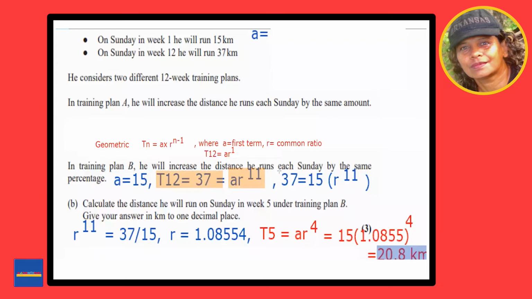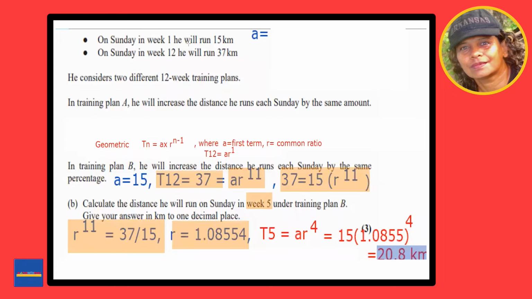So 37 is 15, since A is 15, times R to the power 11. So R to the power 11 is 37 over 15. Then we take the 11th root of 37 over 15, and we end up with 1.08854.